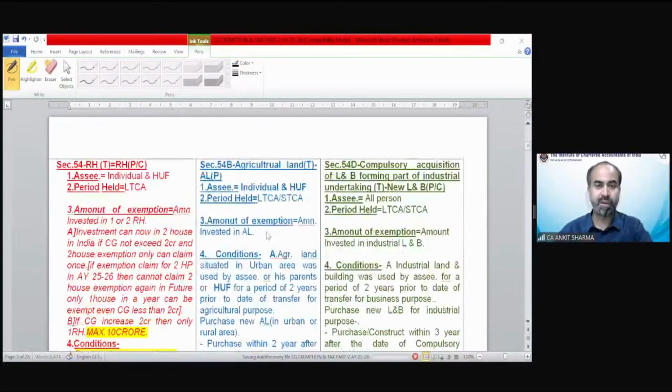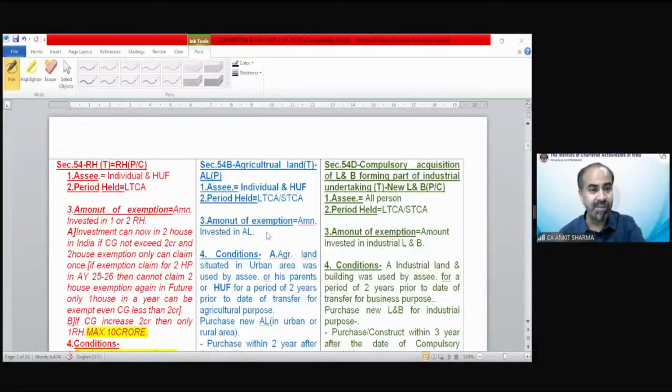So the most important thing to understand in these exemptions is, first of all, which exemption will trigger on fulfilling the basic condition. If there is a question with a capital gain, and after that the question says that a certain amount has been invested in this scheme, first of all you have to find out which exemption scheme has been triggered, because all these 5 schemes are mutually exclusive.